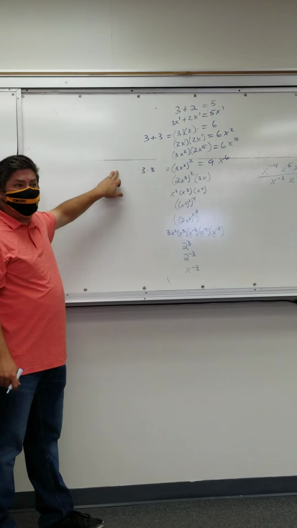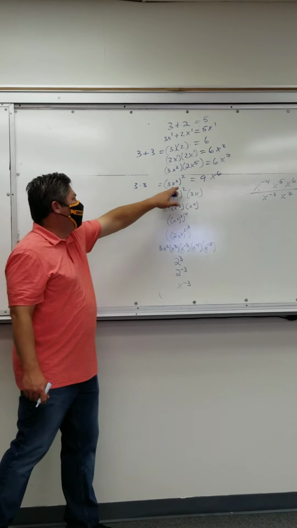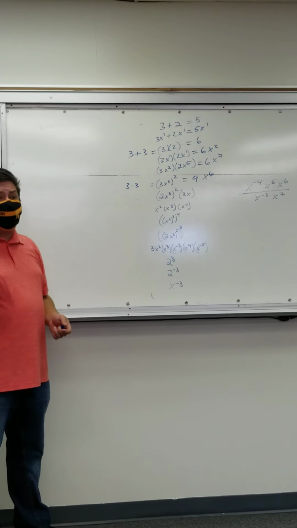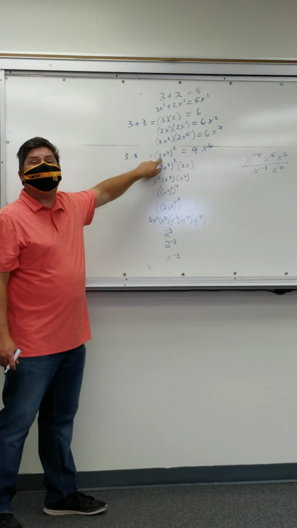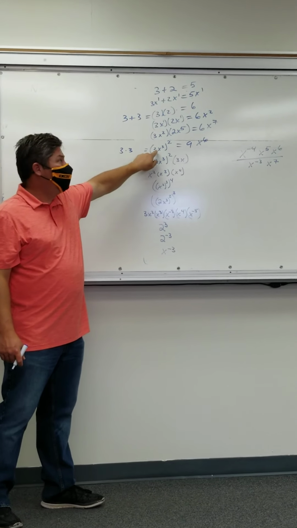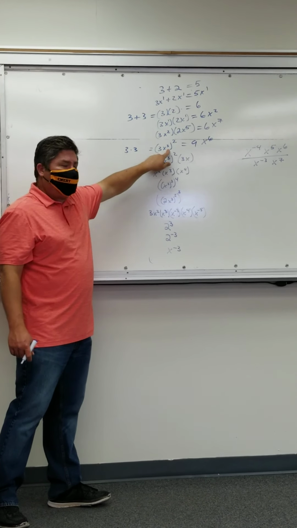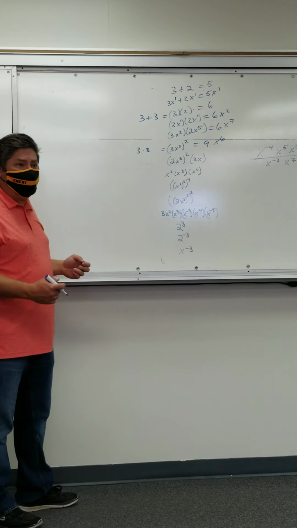Right? 3 plus 3 is 6, plus 3 more is 9. 3 sets of 3. See? So that's how that works. Okay, 9x to the 6th. Again, coefficient multiplied to itself twice, 3 times 3. Exponent multiplied, 6. Okay? Let's try the next one.